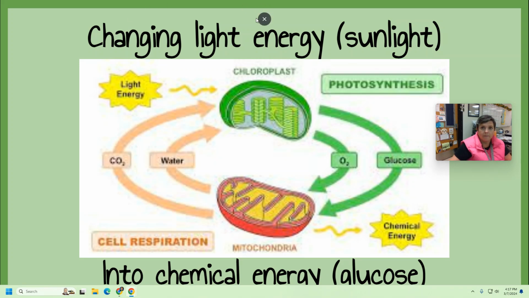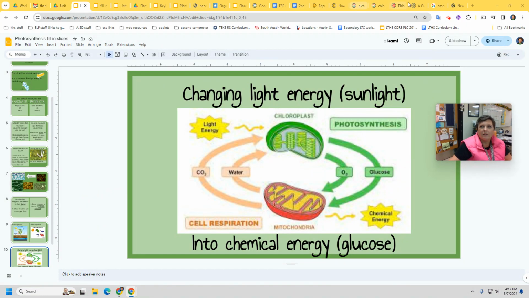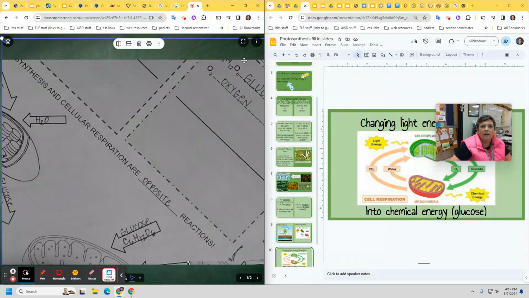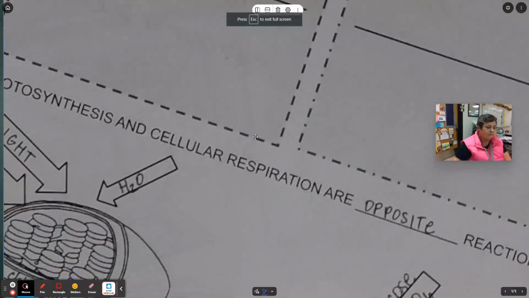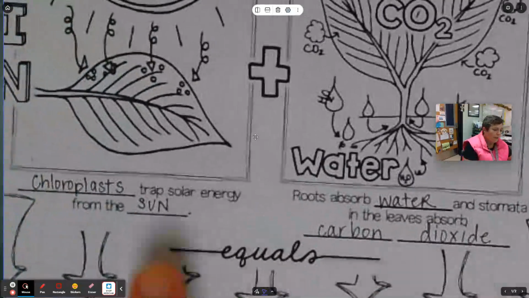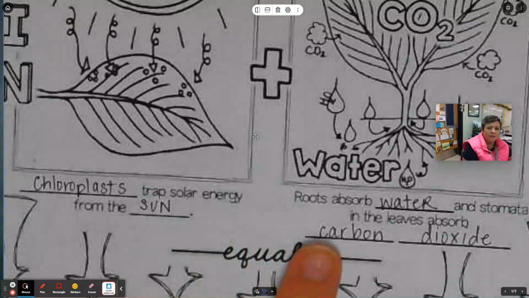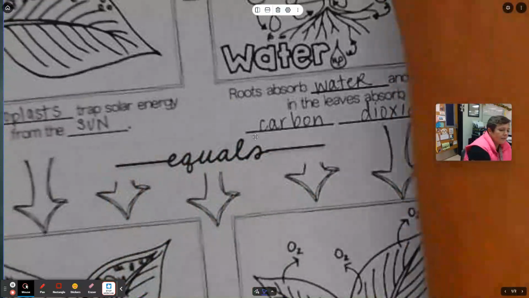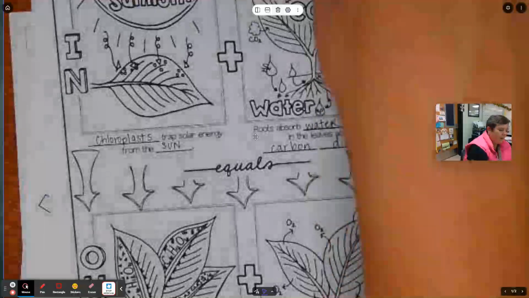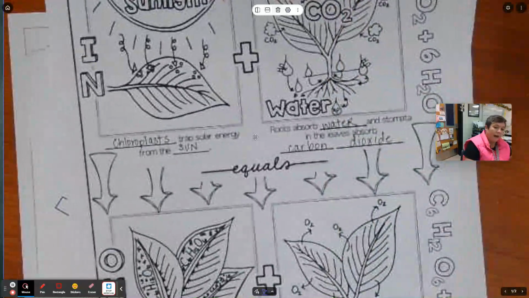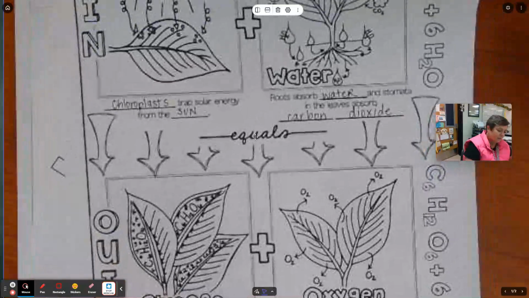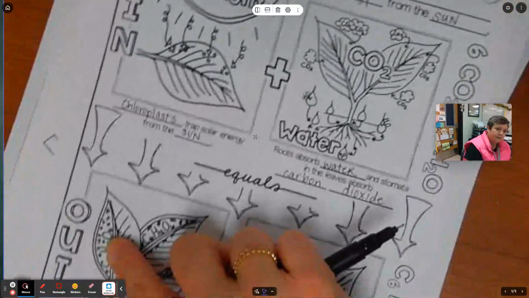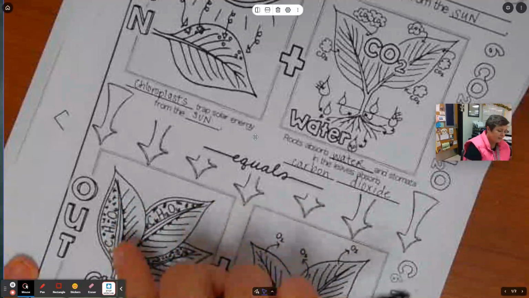All right? Also, I want to show you guys that right here. Let's look at this again. Okay, so we have chloroplast, trap energy from the sun. We have the input. Then we have this big equals here. Okay, and then out comes glucose. You see here where it says C6H12O6.